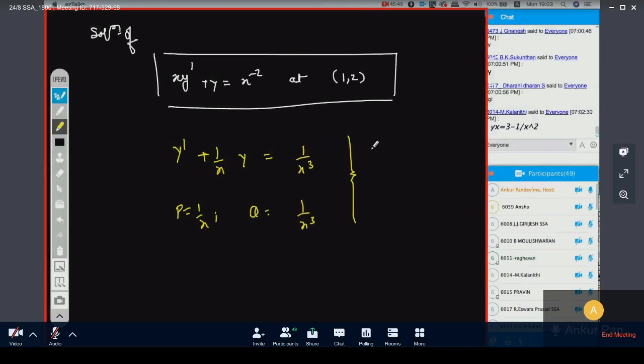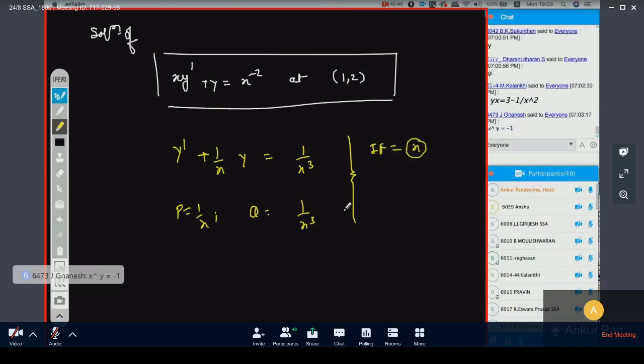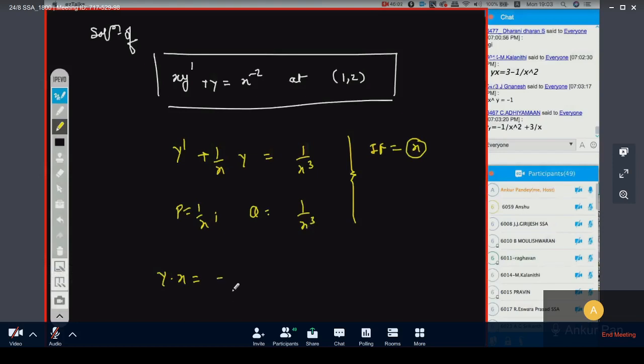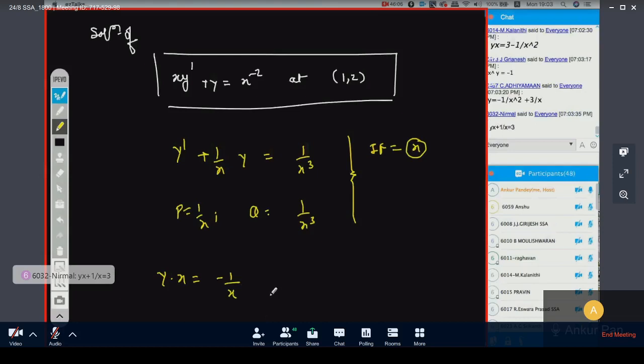So now integrating factor is x, we know it. No confusion. So y into x equals integration of q into x, 1 by x square, is minus 1 by x plus c.